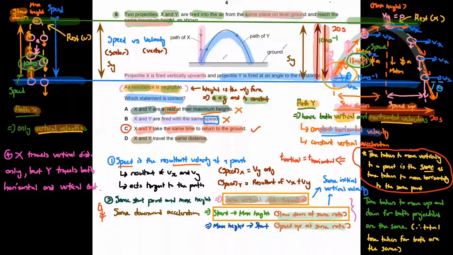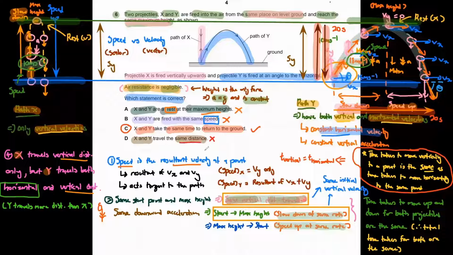So just now, we already made a discussion saying that both projectile X and Y will be traveling the same vertical distance. But for projectile Y itself, there is also horizontal distance traveled. So Y travels more distance than X. Therefore, the answer cannot be D. They cannot be traveling the same distance.